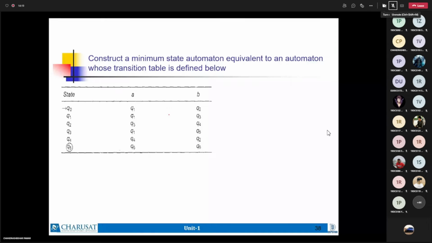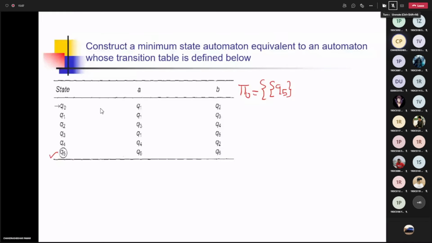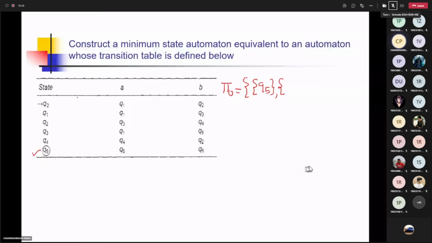Within pi 0, we have to separate the final and non-final states. The final state in this table is represented with a circle, that is Q5. We write Q5 in one set, and all the remaining non-final states are written in another set within pi 0.